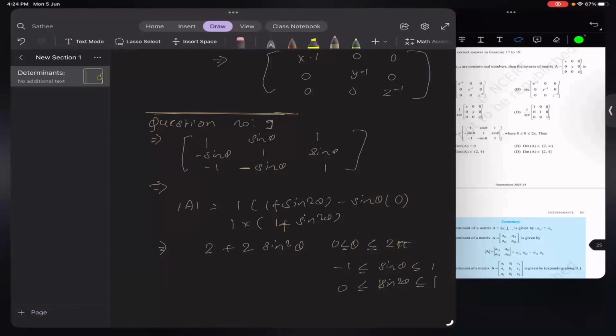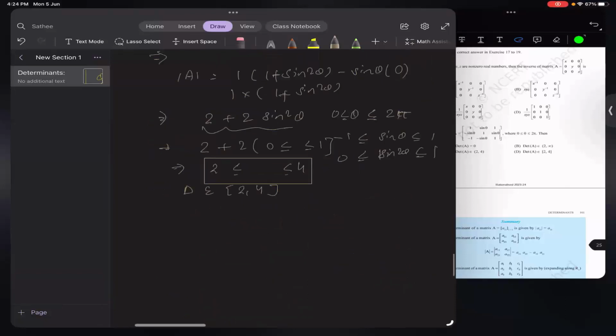And if this is greater than equal to 0 and less than equal to 1, then this whole expression belongs to 2 plus 2 times 0 to 1, so this whole expression belongs to 2 to 4. So you can say that delta belongs to 2 to 4.